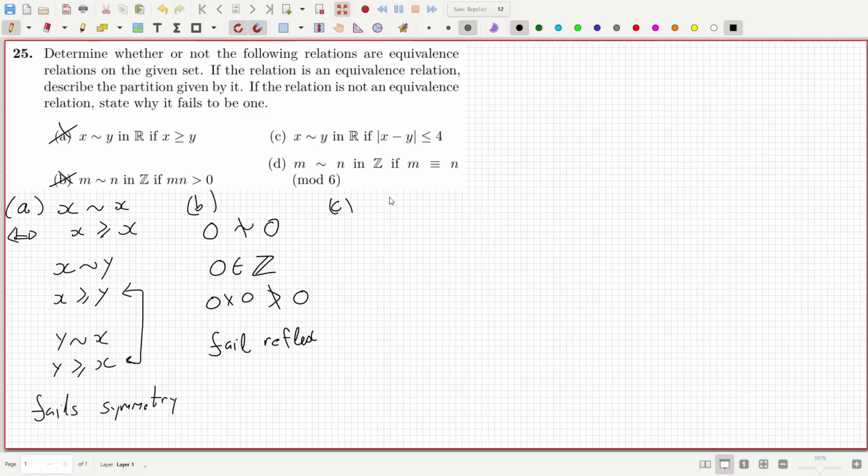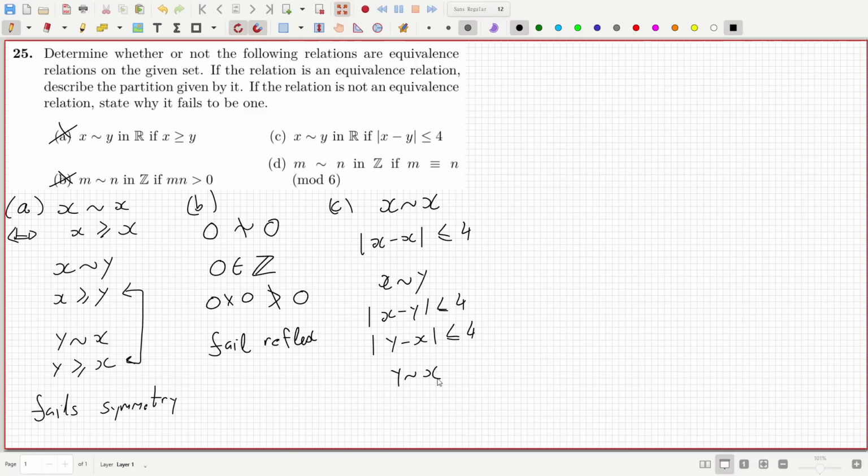C. Okay, so firstly, reflexive is obviously true because it's 0. And I know we can do symmetry because x equivalent to y means the absolute difference of x minus y is less than or equal to 4, and you can swap it around, it's still true.